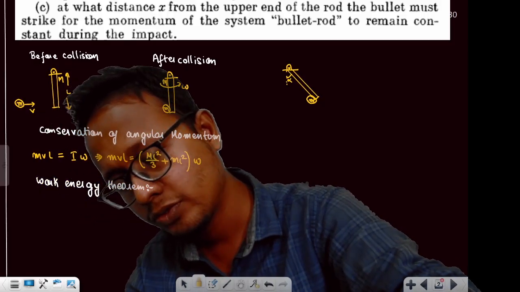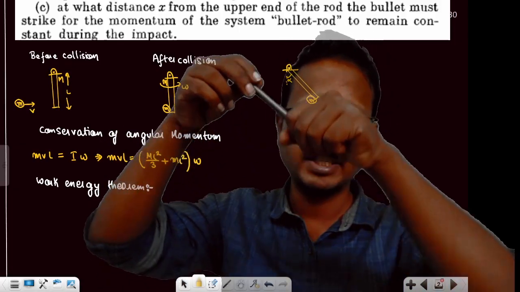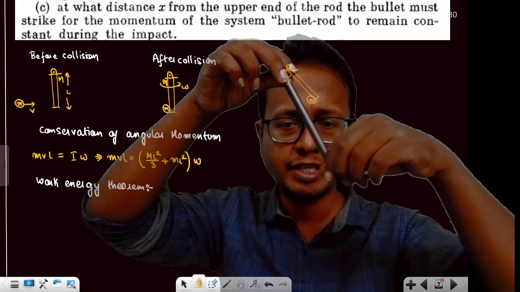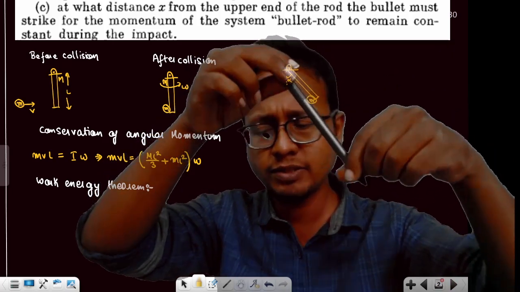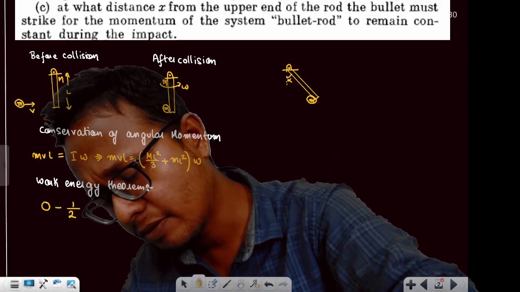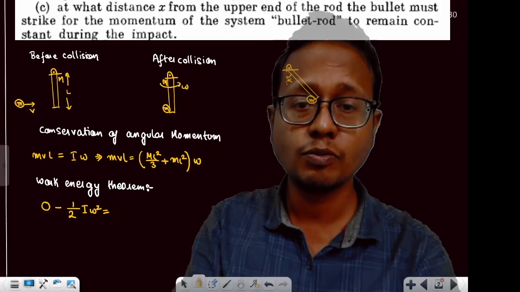If I apply the work energy theorem here, what is the final kinetic energy after it has moved by an angle alpha? 0, because after it moves by an angle alpha, it would again try to come down, no? So at maximum height the final angular velocity is 0, and the final kinetic energy is 0. Minus the initial kinetic energy, half I omega square, is equal to the work done by gravity.